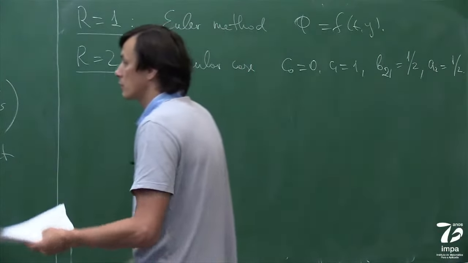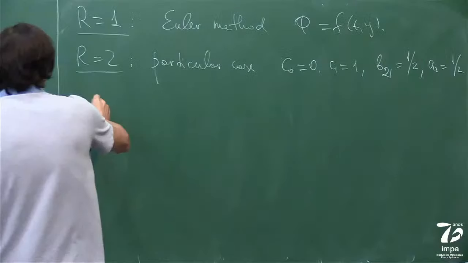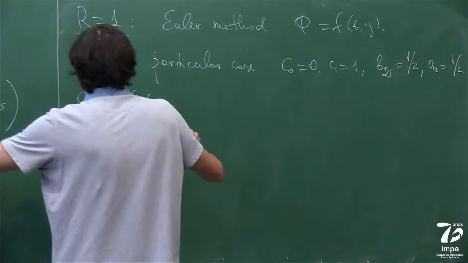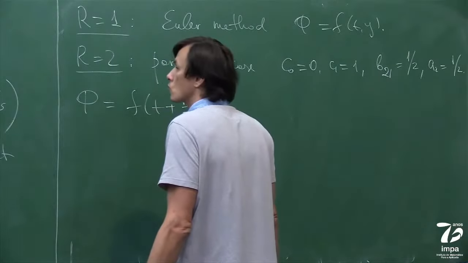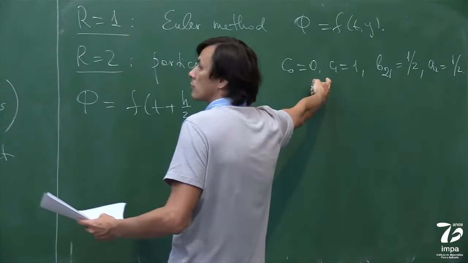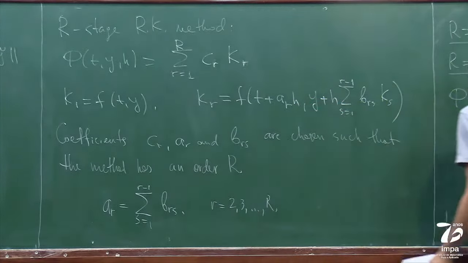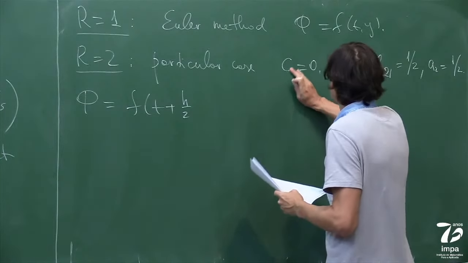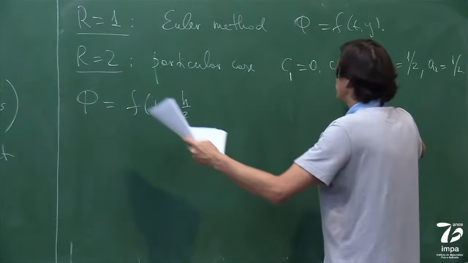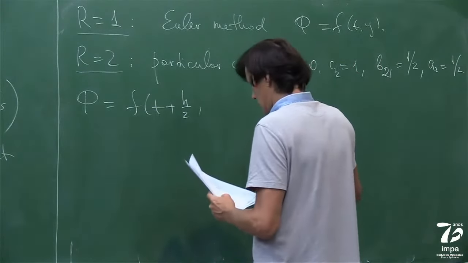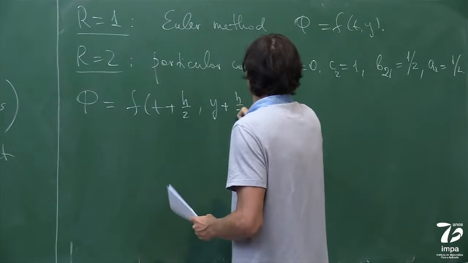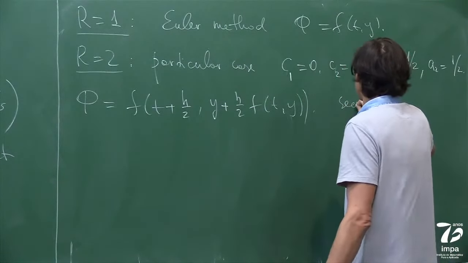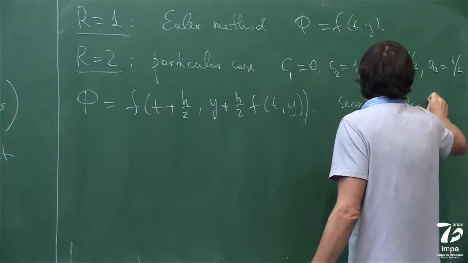So this is a function that you put inside, and then you get f at t plus h/2. There is only the second term, right? So it's only C2 K2, so f at y plus h/2. Essentially, this is exactly the method we just took. So this is second order. Okay, good.